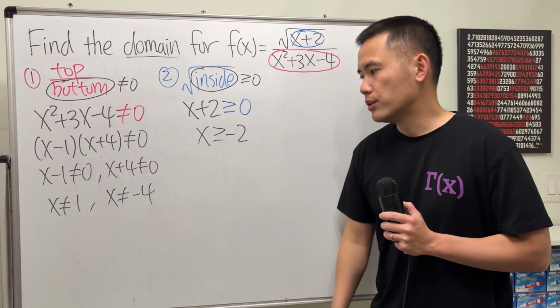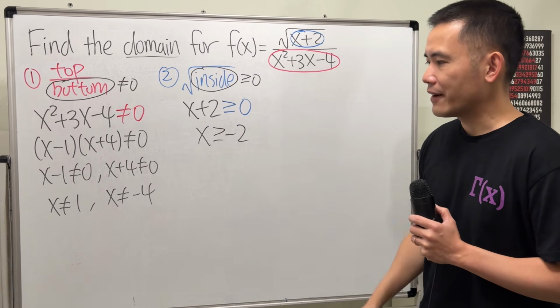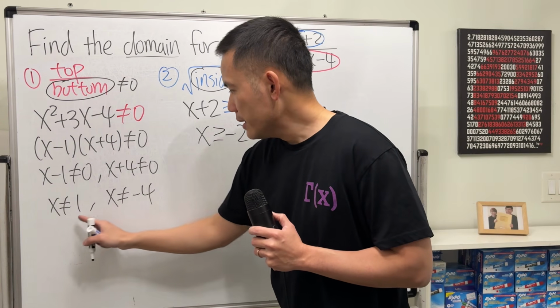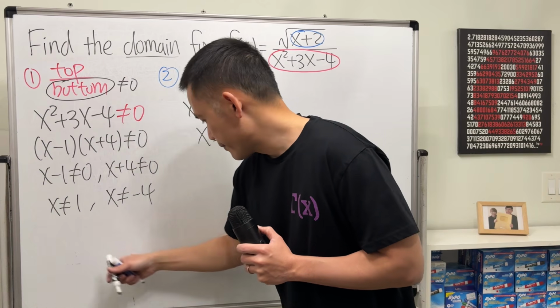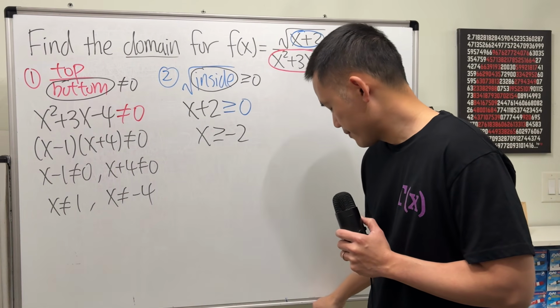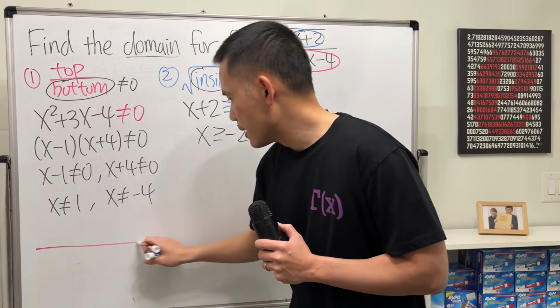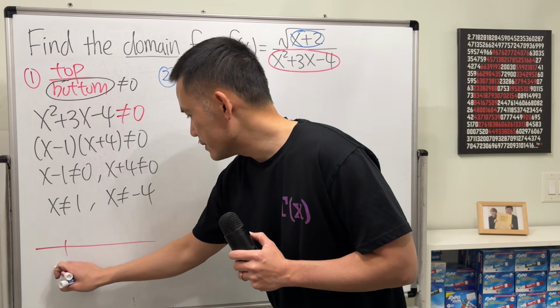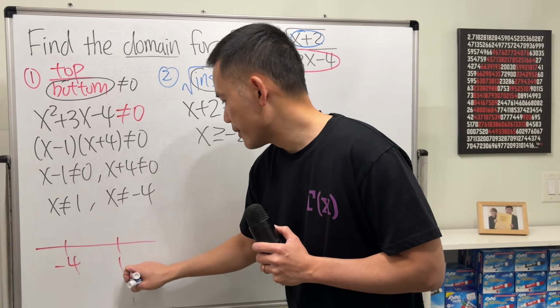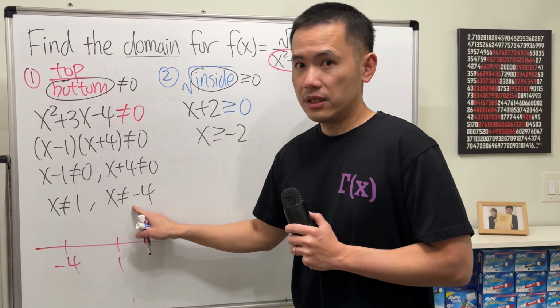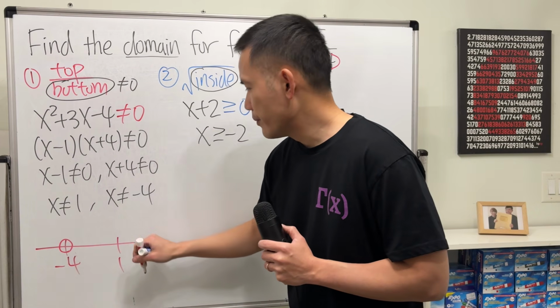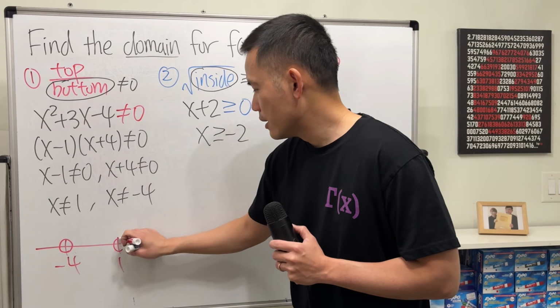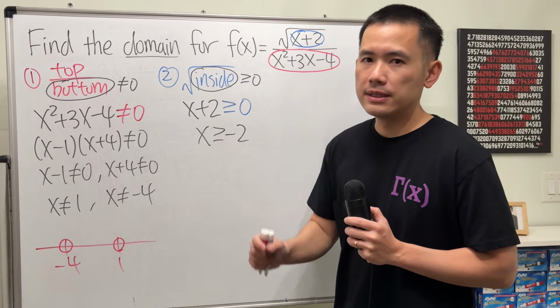The best thing for us to do is to look at a graph. So right here, I'm going to do this in red. Put a smaller number on the left, put a bigger number on the right. X cannot be equal to negative 4, so it's an open circle. X cannot be equal to 1, open circle, we're excluding these numbers.